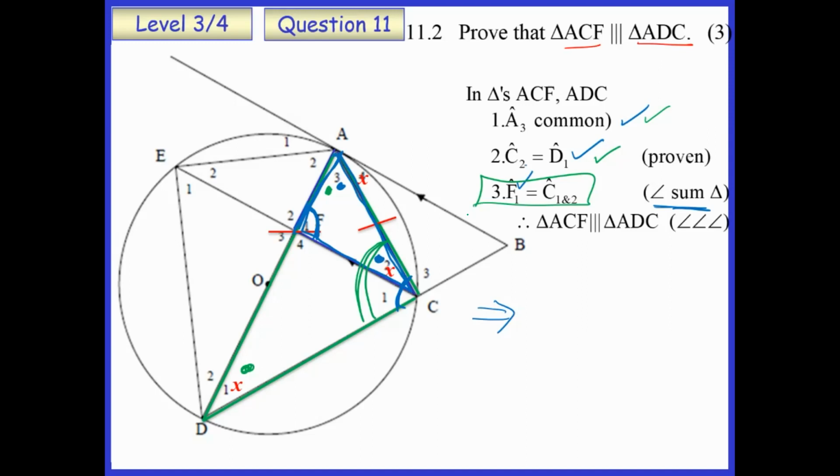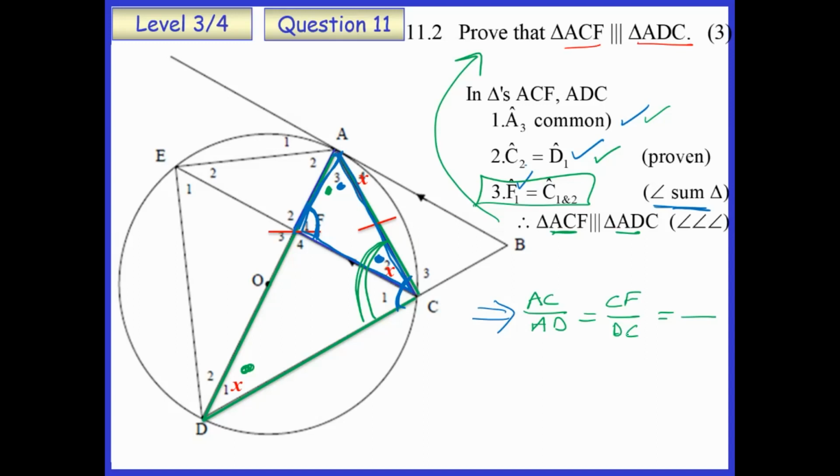Okay. Now that was a question which we proved. But remember, whenever you prove similar triangles, the next question will be about ratios. So what is the ratio that's coming out from here? Take the first two, AC over the first two, which is AD. Agreed? What will the second one be? CF over DC.